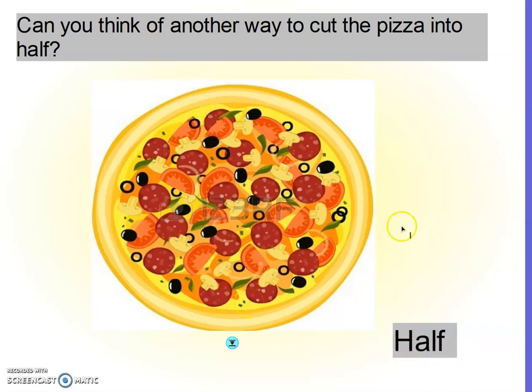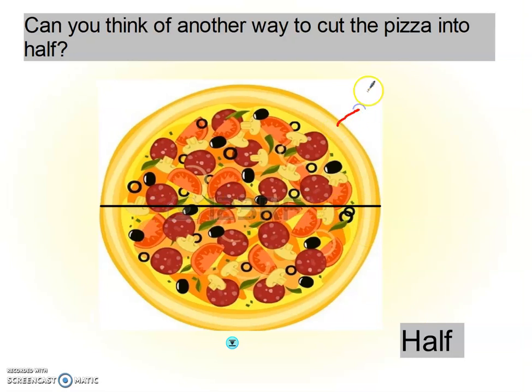The other way can be from one side to the other side, from the left to the right. Is this also half? Yes, this is also half of one whole pizza.